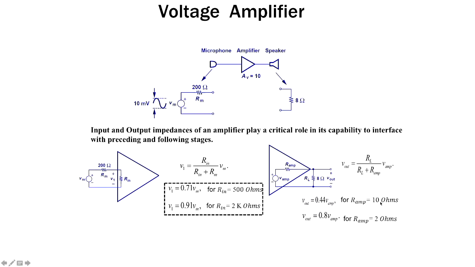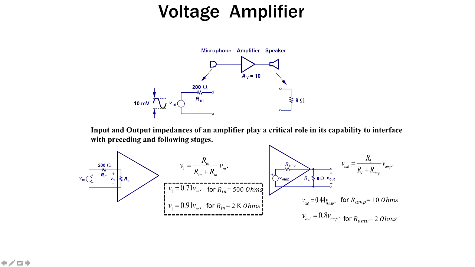Then you will be losing lots of signal. If the output impedance of the op amp is around 10 ohms and your speaker has an input impedance of 8 ohms, you are losing more than 50% of the signal. It comes out of the amplifier, but to the input of the speaker only 0.4 is going in.